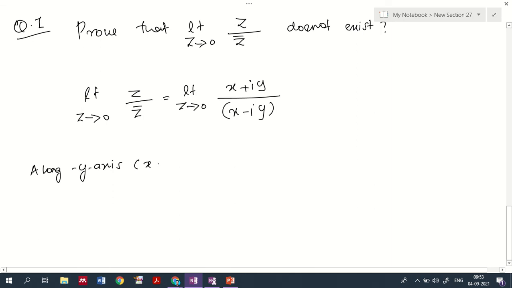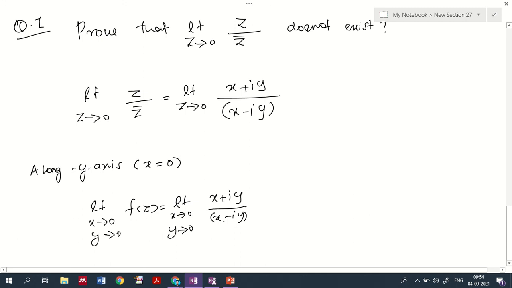We know that along the y-axis x will be equal to 0. So the limit as x tends to 0, y tends to 0 of f of z is equal to the limit as x tends to 0 and y tends to 0 of x plus iy divided by x minus iy.